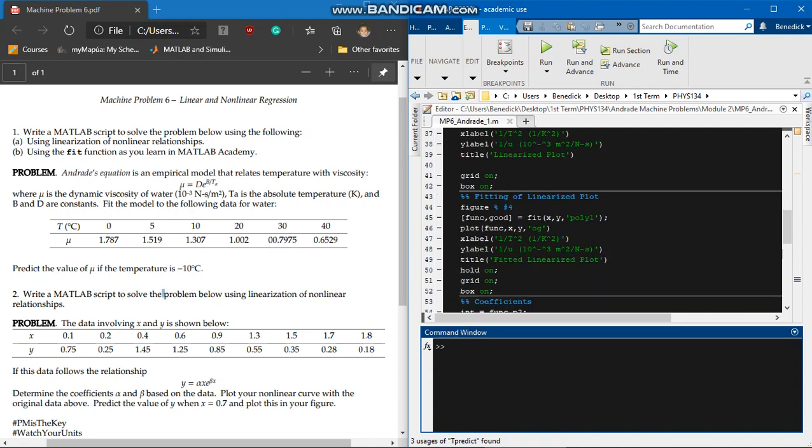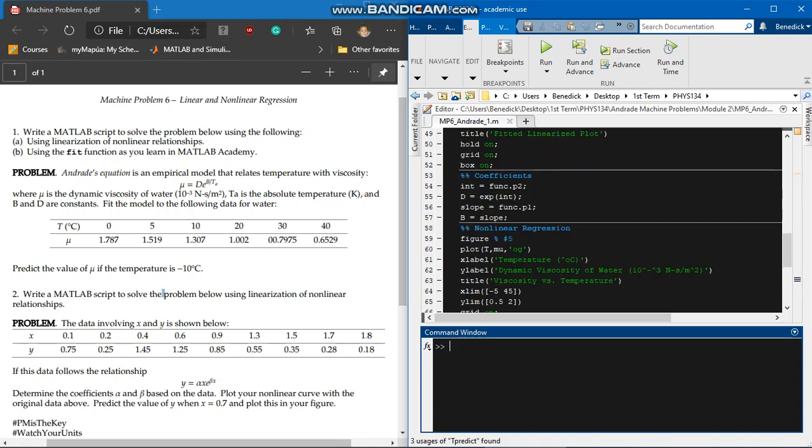And for the fourth figure, I fitted the linearized plot. So it's the fit function once again, with poly1, and of course hold on. And we want to know the value of the coefficients if we want to predict the value of mu.